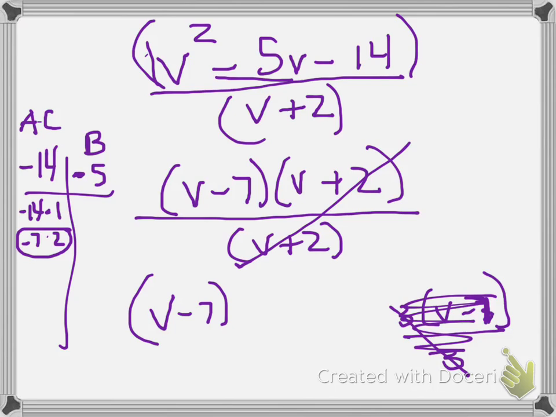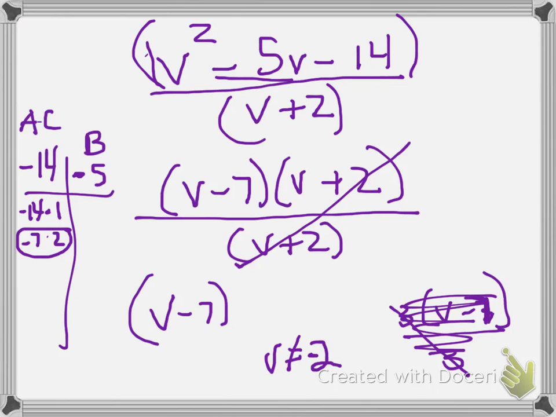But look at what we have to find, the excluded values. So remember, you have to figure out what would make the denominator 0. Well, it says v plus 2. What's the opposite of 2? Negative 2. So we know that v cannot equal negative 2.